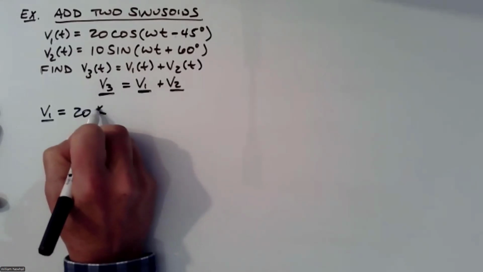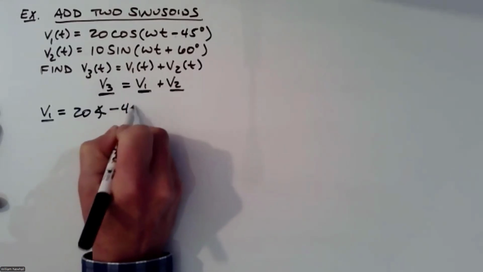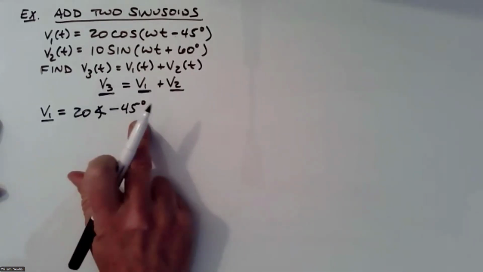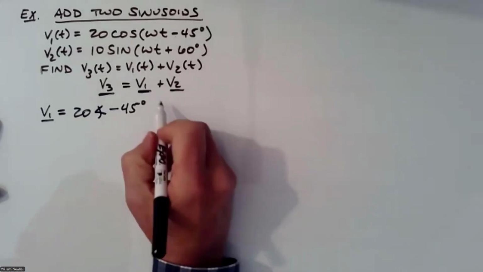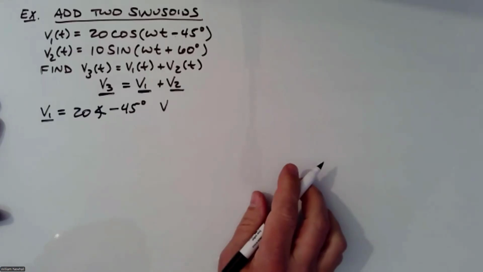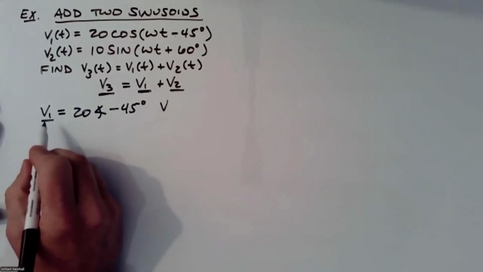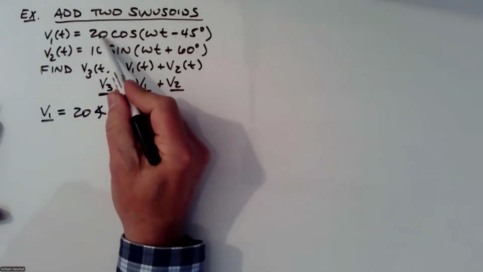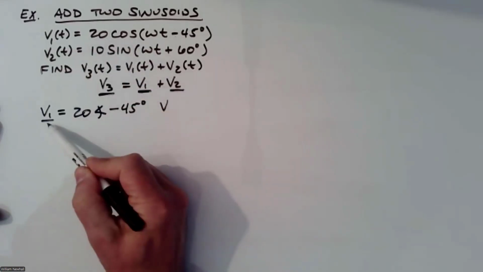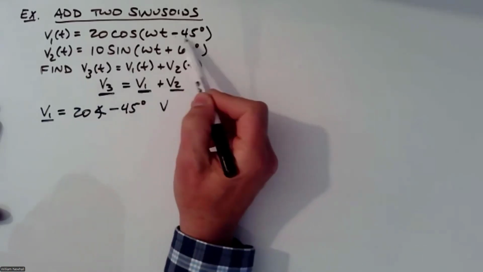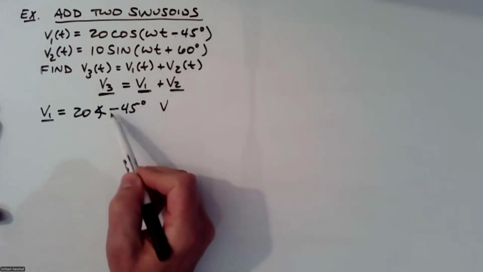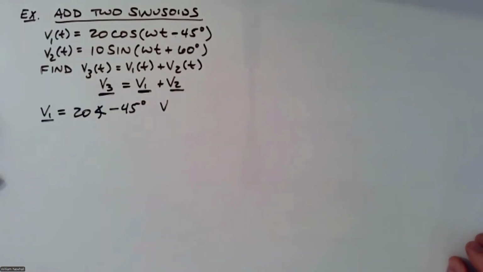So this is 20 at an angle of negative 45 degrees. That's it. That's the phasor that represents V1, and you could say units of volts since it's a voltage. Okay. So you just take the amplitude. The amplitude of the cosine is the magnitude of the phasor. The phase of the cosine is the angle of the phasor.